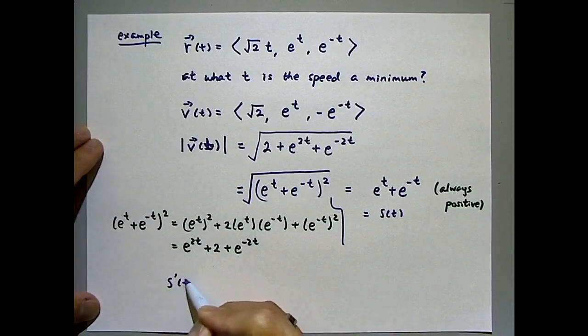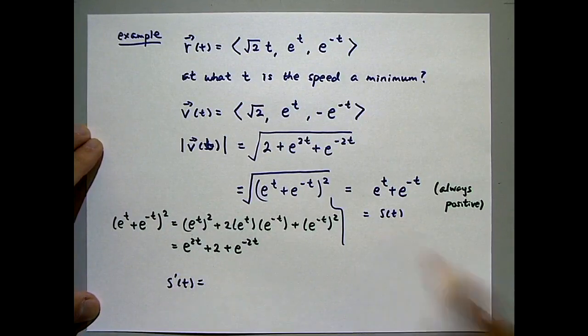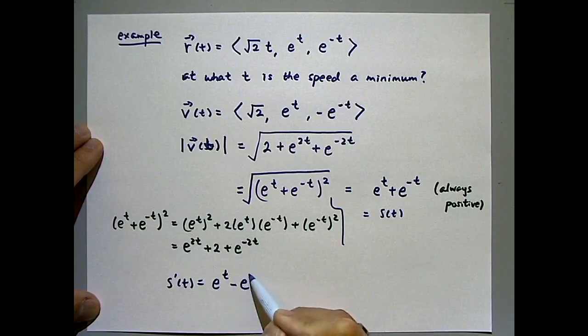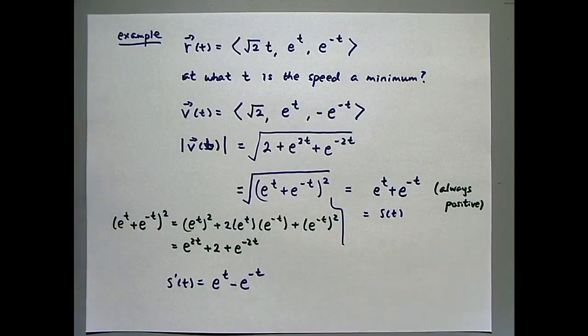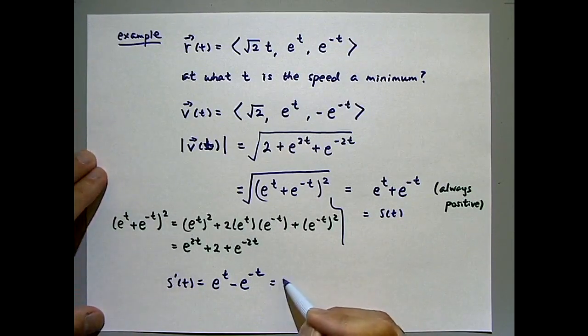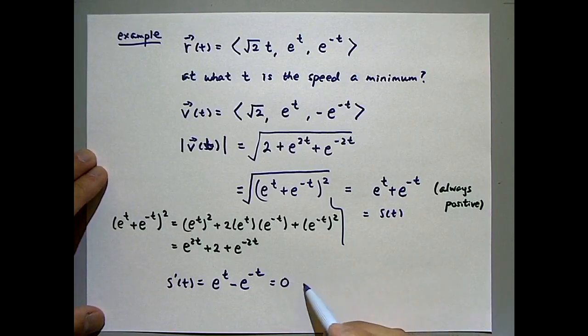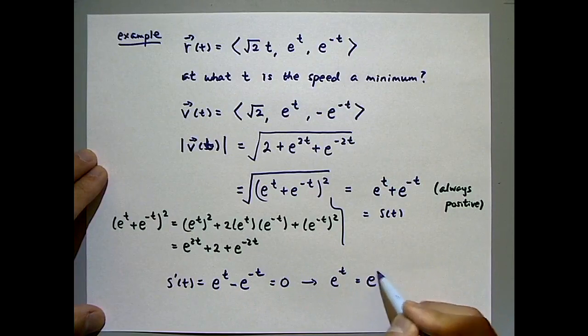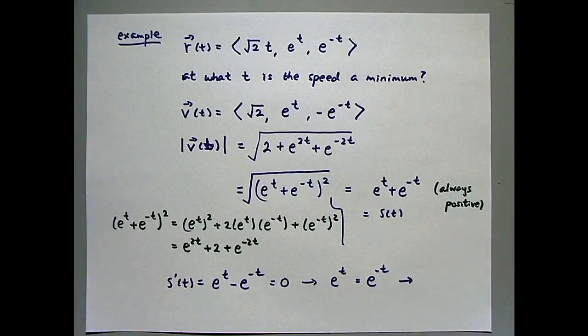So s prime of t is e to the t minus e to the minus t. And that's the rate of change of the speed, right? It's also the acceleration. You make this equal to 0. So this equation is saying, if I move this over to the other side, e to the t is equal to e to the minus t.